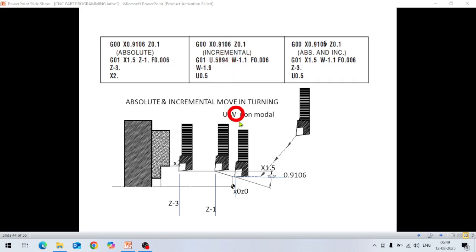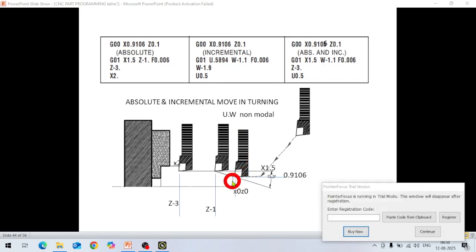So in the x-axis this move is this much in incremental, because now this point is X0, Z0, and it will move from here to this point. This point is 0.5894 inches, the height. And in W it is minus 1.1. Why is it 1.1? Because it was at Z 0.1 here, 0.1 plus Z minus 1 becomes 1.1. So in incremental mode it will be W minus 1.1.